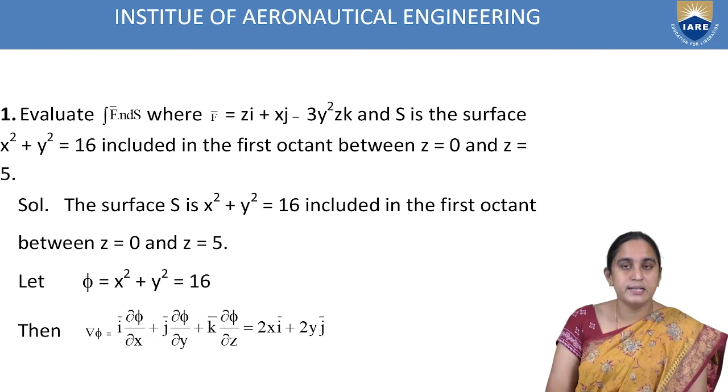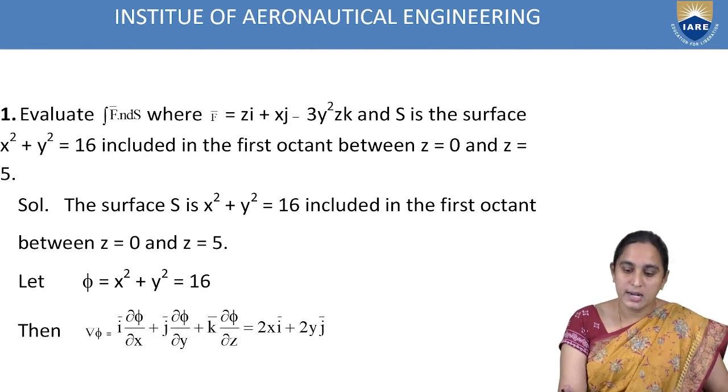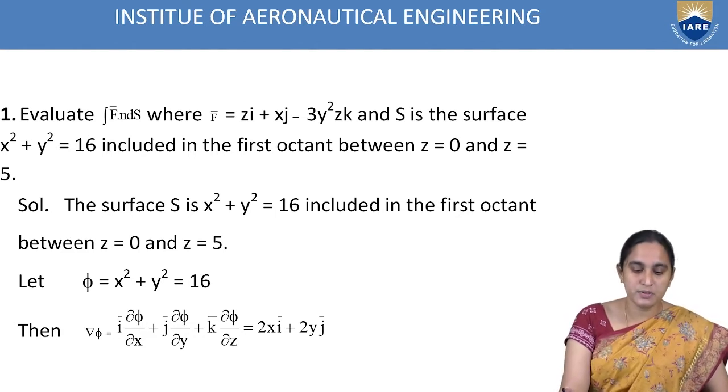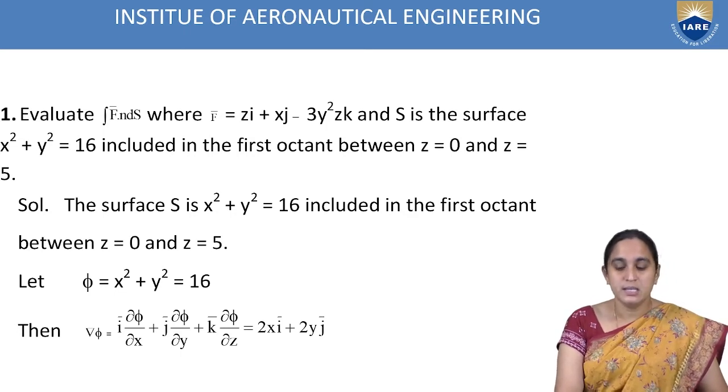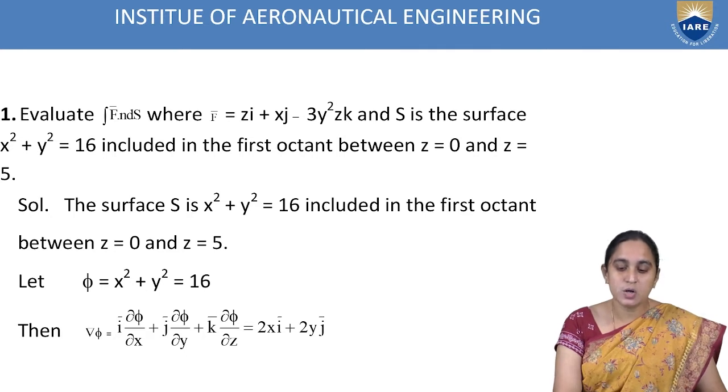Evaluate integral of f bar dot n bar ds, where f bar is equal to z i bar plus x j bar minus 3y squared z k bar, and S is the surface x square plus y square is equal to 16, included in the first octant between z is equal to 0 and z is equal to 5.